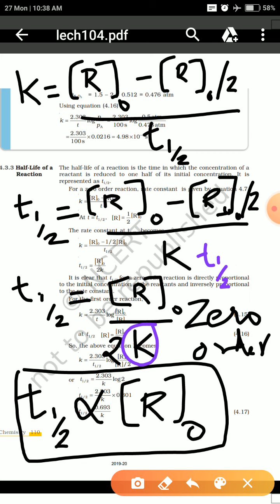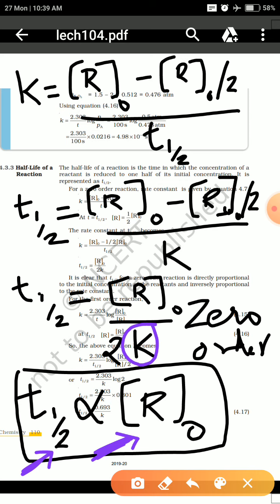What we need to bother about is what we just said: the half-life of a zero order reaction is directly proportional to the initial concentration of the reactant. The greater the initial concentration, the greater the half-life. You can consider it in any way.